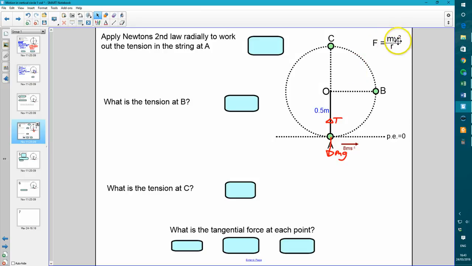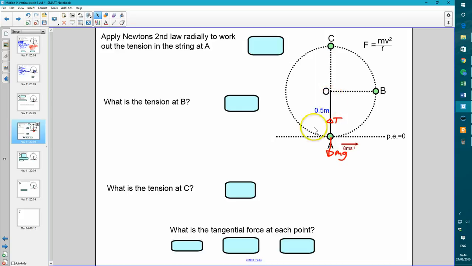Remember, acceleration is v squared over r, so I'm going to use this here, which is my force is equal to mv squared over r, and the F here stands for the net force. It's always about the net force. Okay, so let's move this back over here.